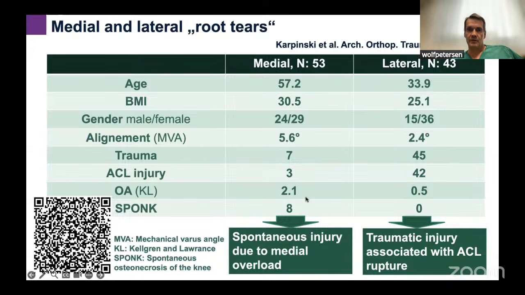In contrast, the osteoarthritis grade was higher in the medial meniscus root tear group, and also the incidence of spontaneous osteonecrosis of the knee or insufficiency fractures, which is a newer name for this entity. So in conclusion, the medial meniscus root tears are spontaneous injuries due to medial overload, while the lateral meniscus root tears occur in younger patients, are traumatic injuries and associated with ACL rupture.